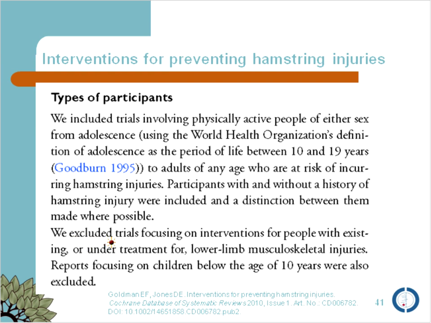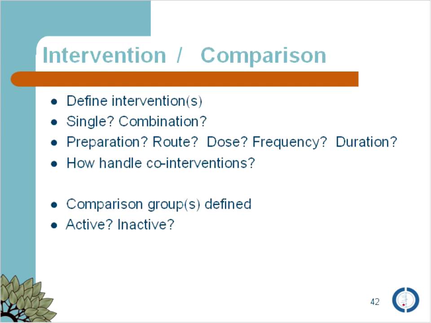They've indicated what they were going to exclude trials for, and made it explicit that they were not going to look at children below the age of 10 years. So I thought it was good: they provided definitions, thought about possible variations within the patient population, and explicitly stated exclusions.